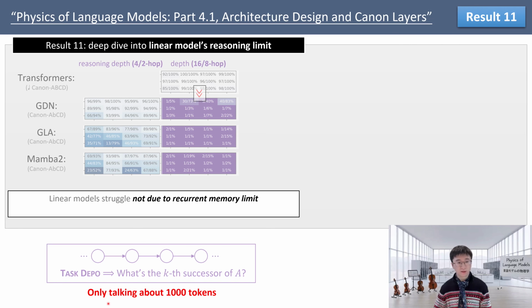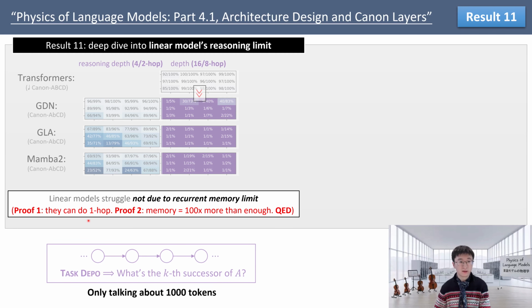In this reasoning depth task, the length of the sequence is only around 1,000 tokens. We can in fact prove that the recurrent memory is much more than enough to hold the entire piece of information about the context, such as which node connects to which node. I can give you at least two proofs.